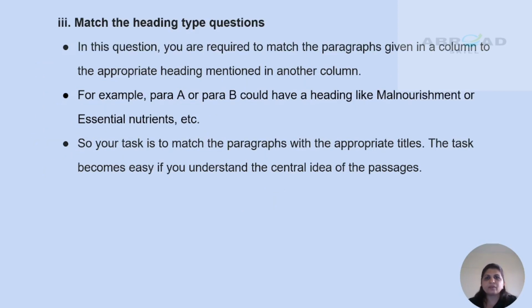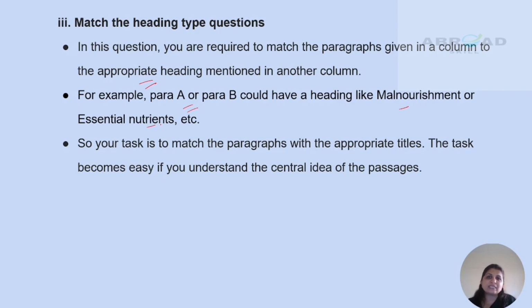Now the next type of question can be match the heading type questions, wherein you are required to match the paragraphs given in a column to the appropriate heading. For example, para A or para B could have a heading like malnourishment or essential nutrients.